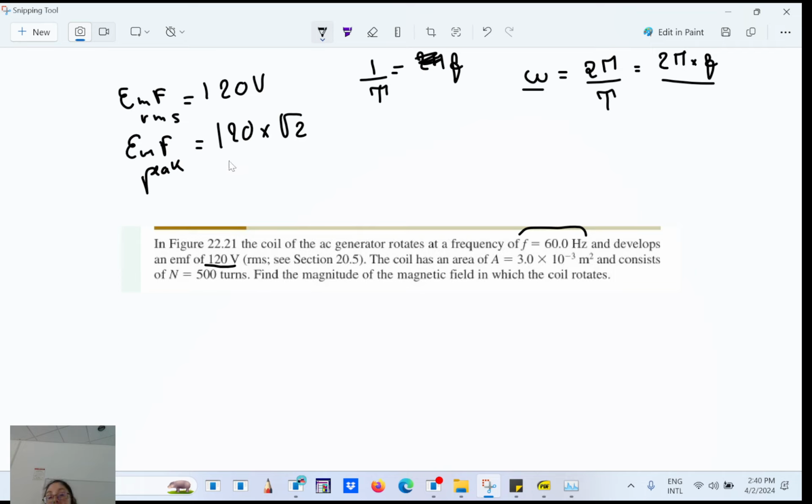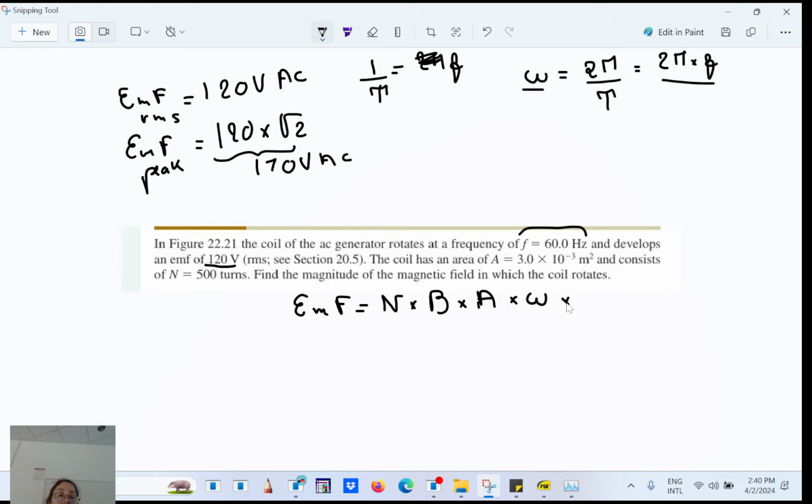It's not an easy chapter, so remember to read the book on AC. So what's the equation? EMF induced will be equal to the number of loops times the magnetic field times the area times the speed times sine of omega t.